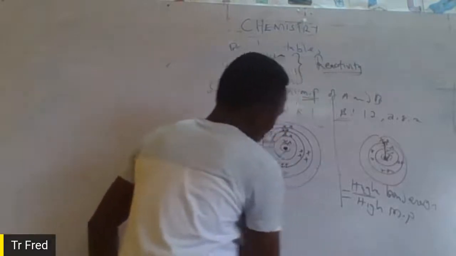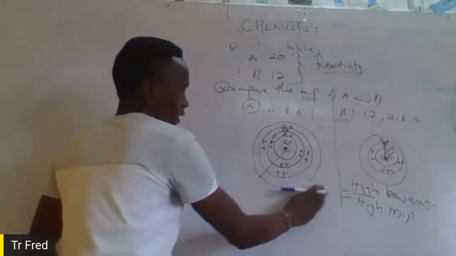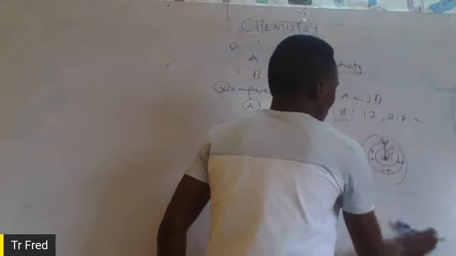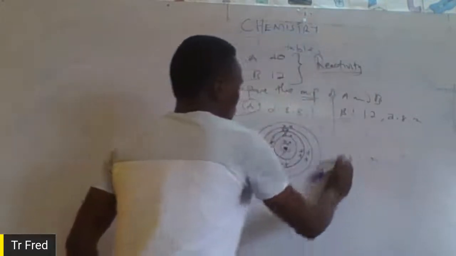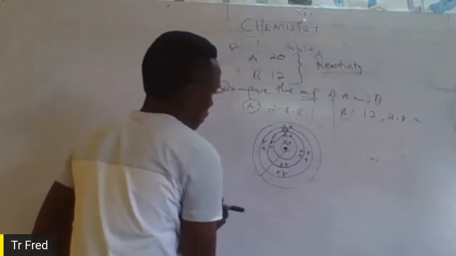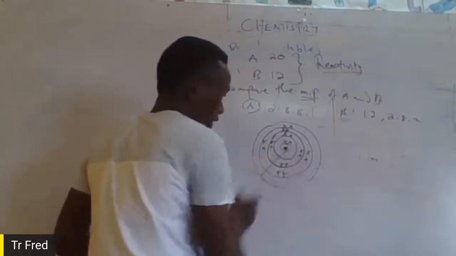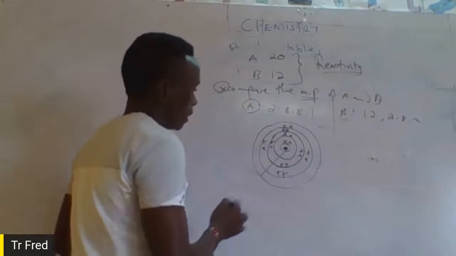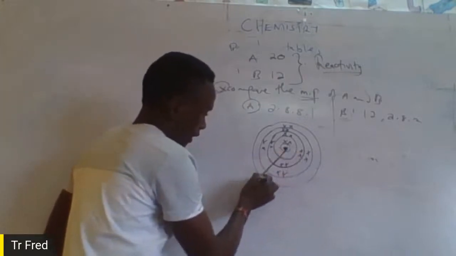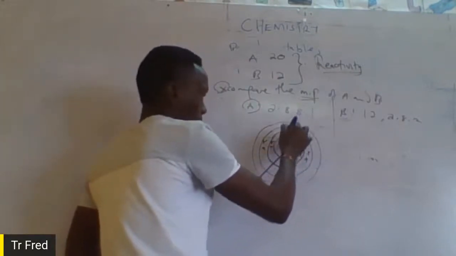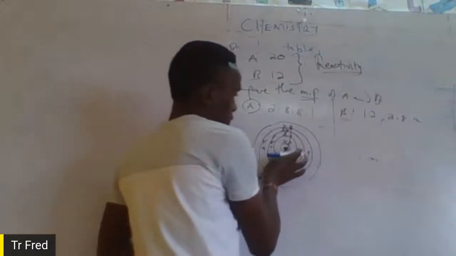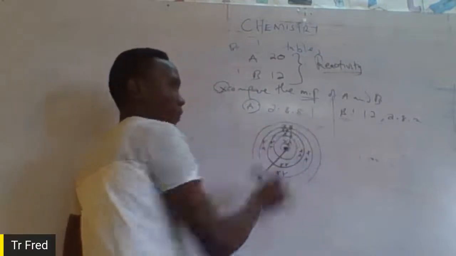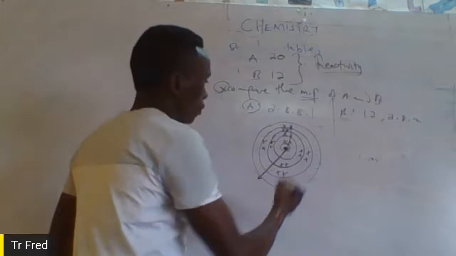Now, the first thing that influences the reactivity of elements is what we have just seen, which is the bond energy, or the force of attraction between the nucleus and the outermost electron. Remember, these are the outermost electrons, and the distance between the outermost electrons and the nucleus is very long.